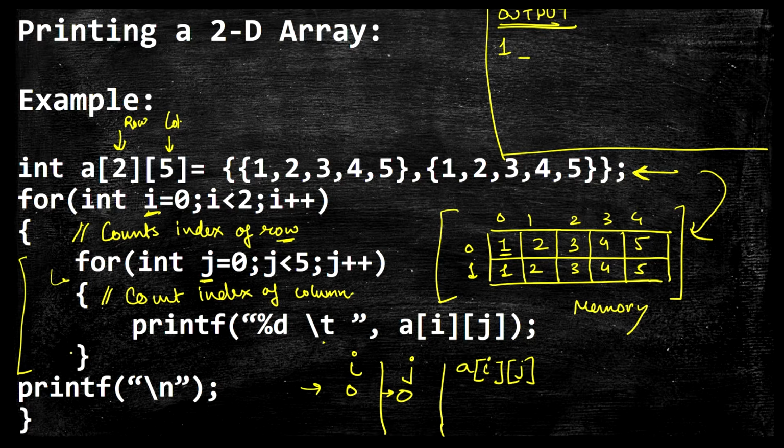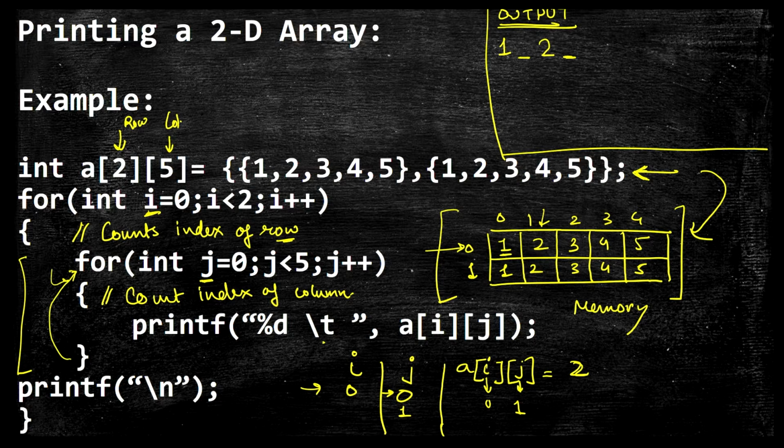After that, the j loop iteration ends. Now the j loop will again increment by 1, so at this point j becomes 1. So 0th row, i equal to 0 and j equal to 1. We have 2, so 2 will be printed. Then again a space.